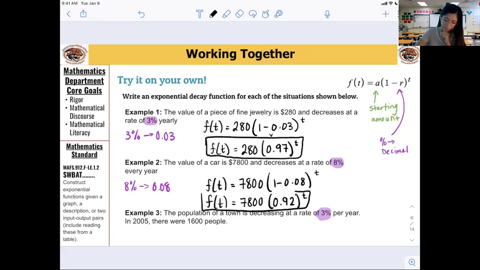Okay. Finally, who can give me this last one in the most simplified form? So the final answer for example number 3. Anyone? The final answer.